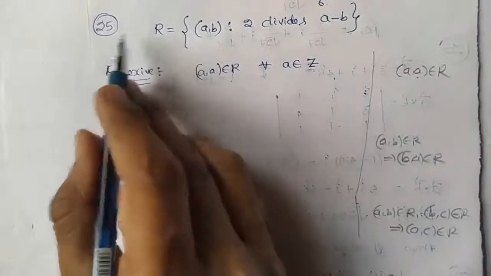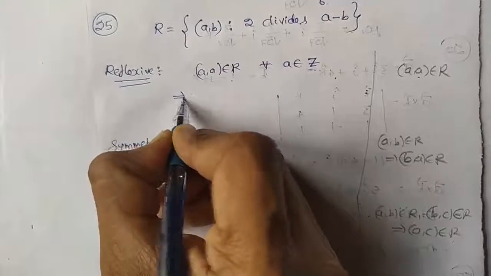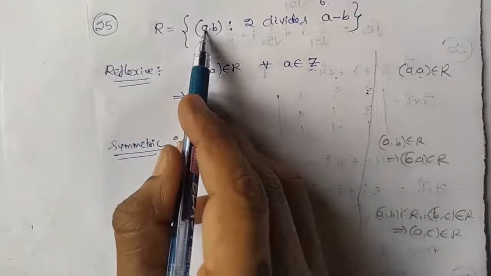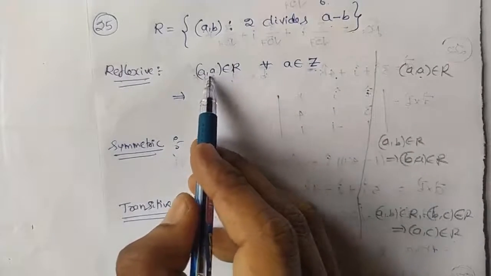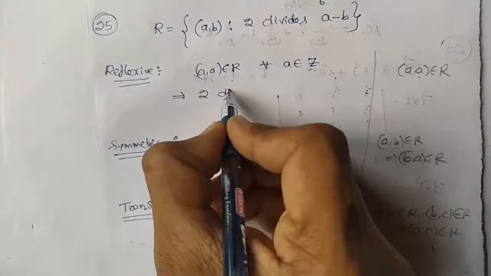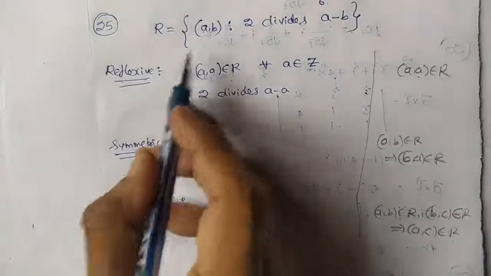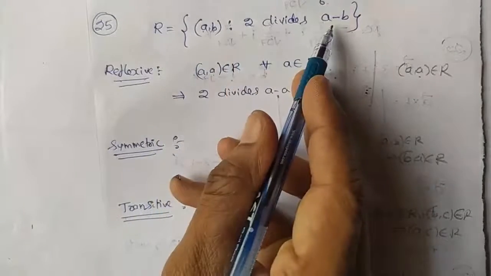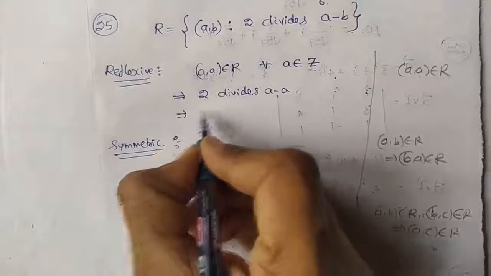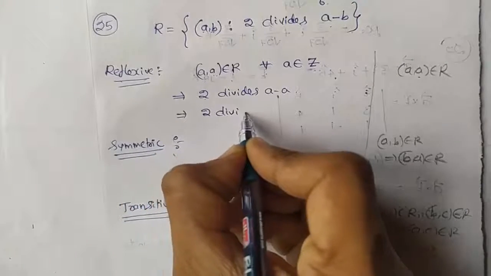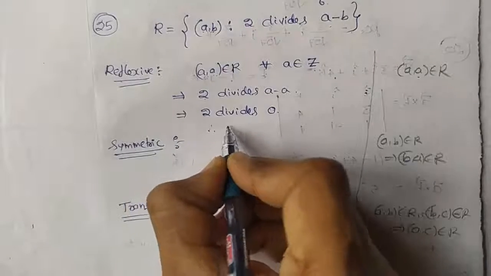If it is (a, b), then 2 divides a minus b. So for (a, a), 2 divides a minus a. a minus a is 0, and 2 divides 0. Therefore it is reflexive.